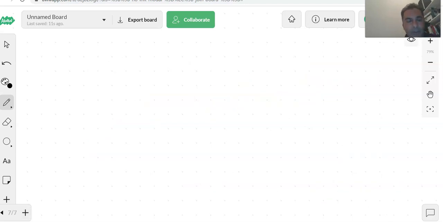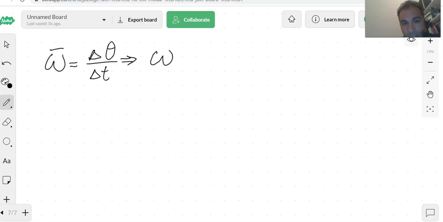Now, here what we have. We said omega is delta theta divided by what? Delta t, yes. Correct? As we have average velocity, let's call this one average angular velocity. If we write this equation in calculus space, omega is d theta over dt.